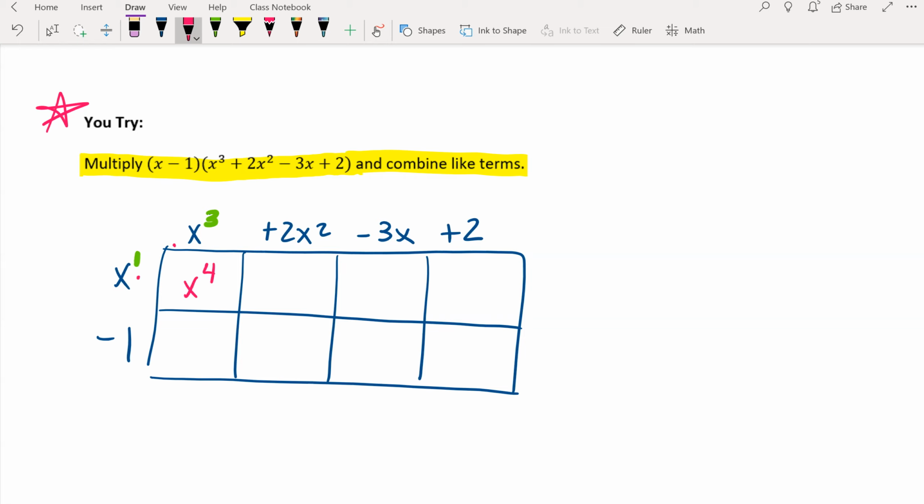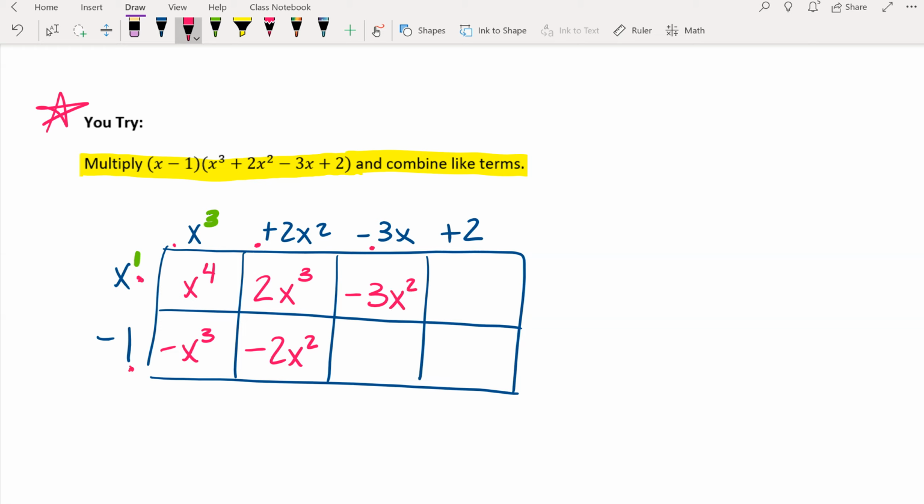Okay, negative 1 times x cubed, that's negative x cubed. x times 2x squared, that's 2x cubed, because we're adding 1 plus 2, right? Negative 1 times 2x squared is negative 2x squared. x times negative 3x is negative 3x squared.